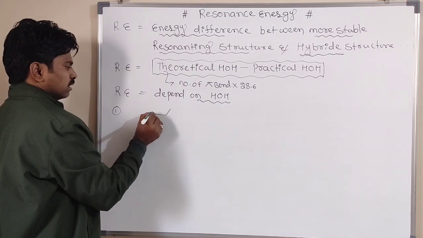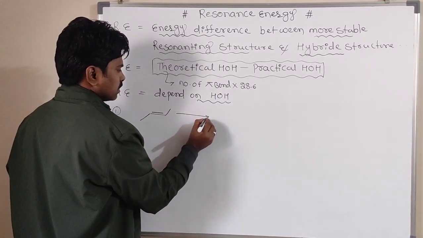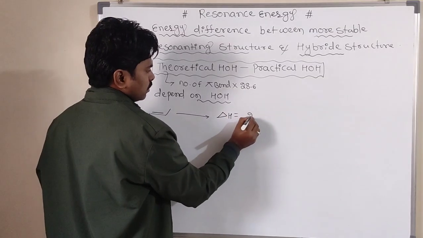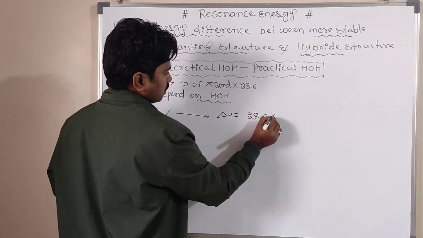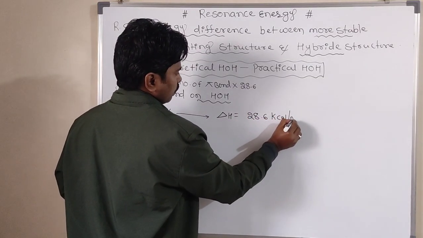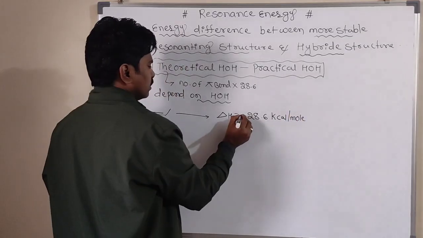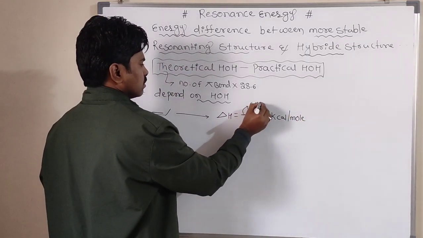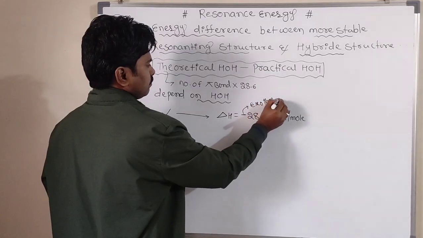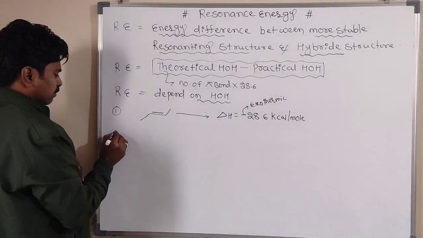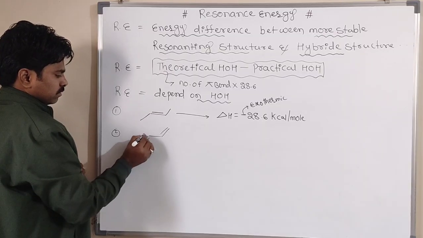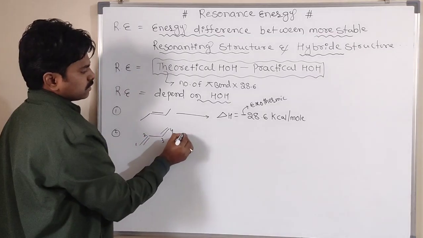So come to the one question. Here is one pi bond; for this heat of hydrogenation, delta H is equal to 28.6 kilocalorie per mole. We know that this is exothermic, that's why I mention the minus. At the same time I give this structure. This is 1,3 butadiene.